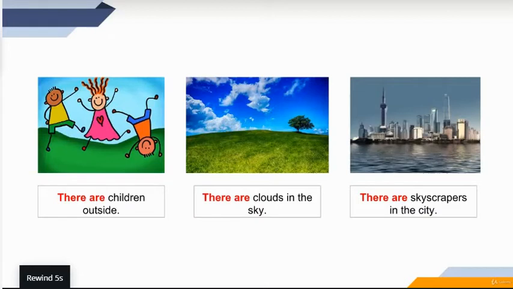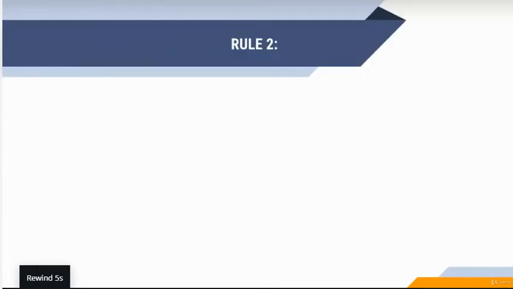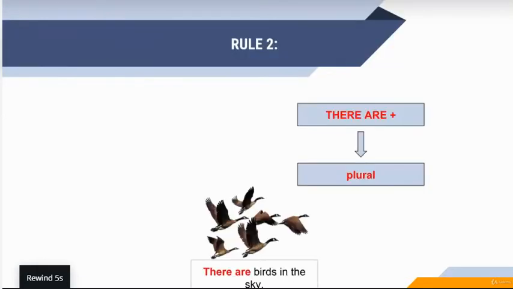Some other examples: there are children outside, there are clouds in the sky, there are skyscrapers in the city. So when you speak about a noun that is in plural, you use there are, and there are stands at the beginning of the sentence. There are plus a noun in plural.